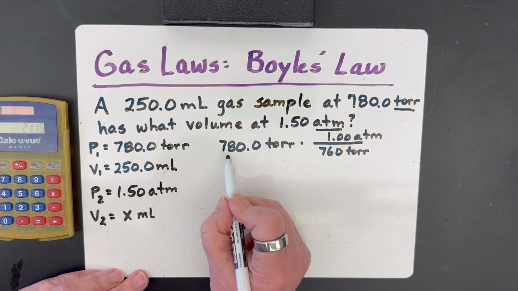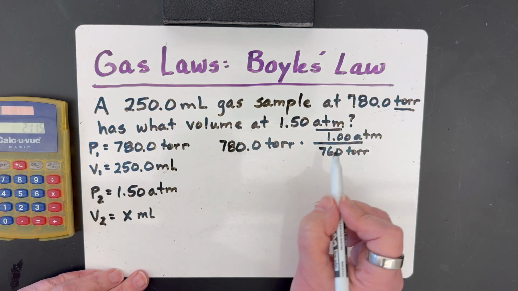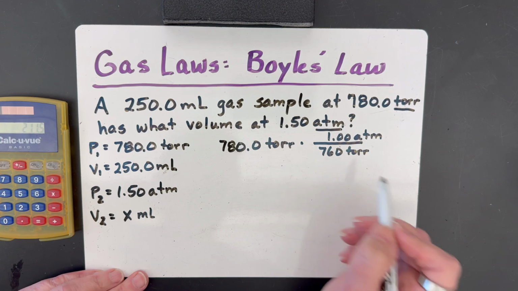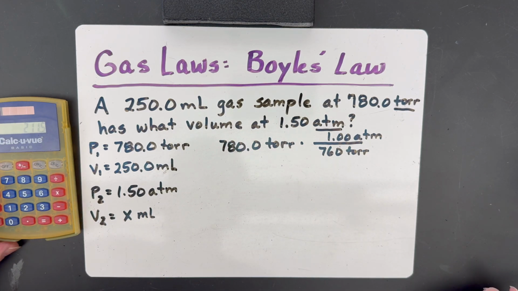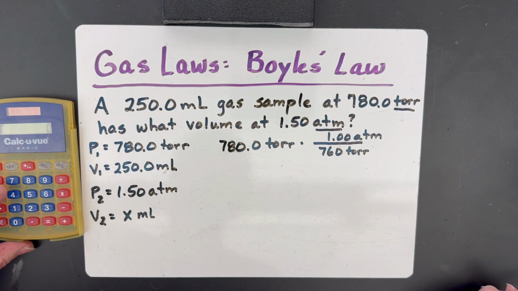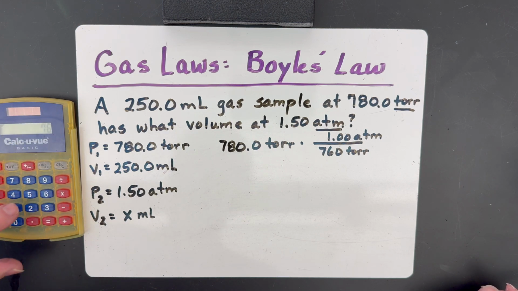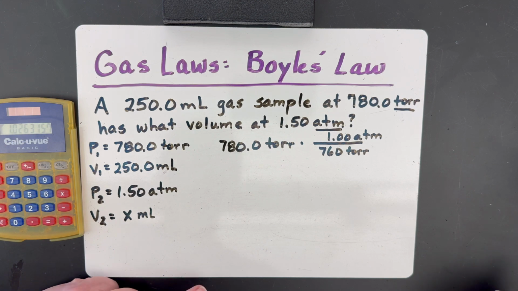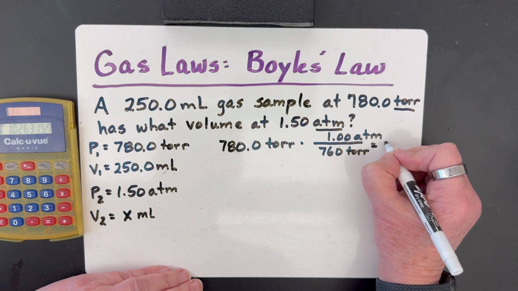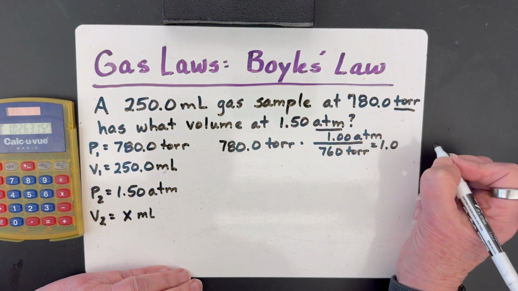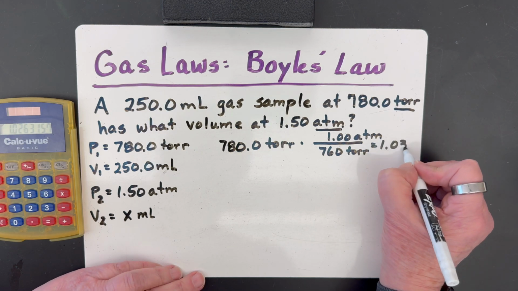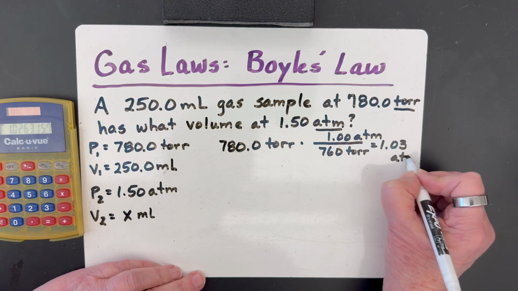So I need to take my 780 and times 1 divided by 760. So 780 divided by 760 gives me 1.03 atmospheres.